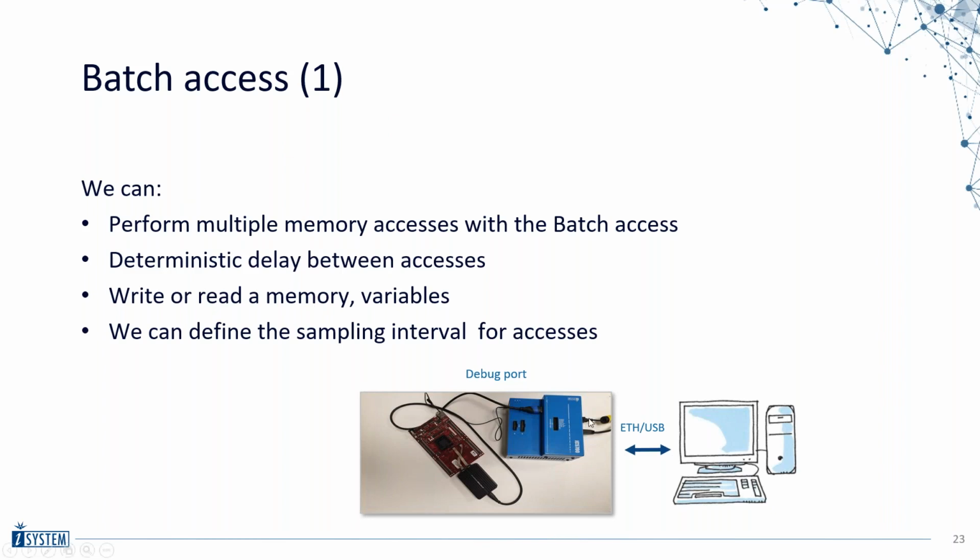Because the Python that is running on the host PC is not real-time. Windows is not a real-time operating system. With the batch access, the script sends the list of the variables that will be either written or read to the debugger, and this debugger then performs the sampling in a loop. And then the timings are the most exact.